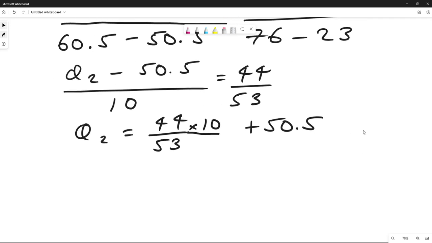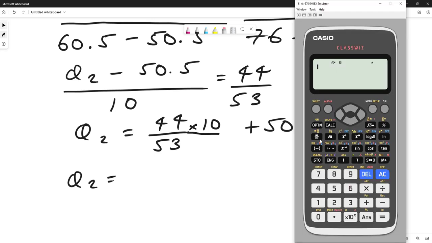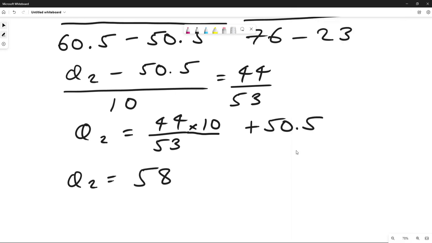So we get 44 times 10 over 53 plus 50.5, and that will give me 58.8. So 58.8 is the median.